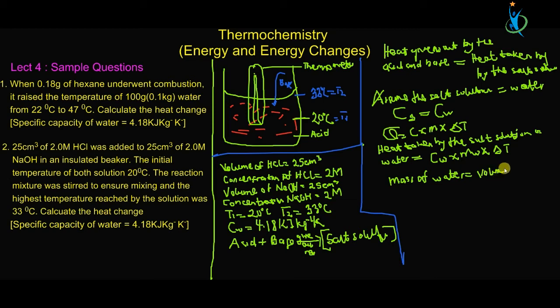So the volume of the acid solution and the base can be seen to be proportional to the volume of water, because in the acid solution and the base solution, most of the volume is water.